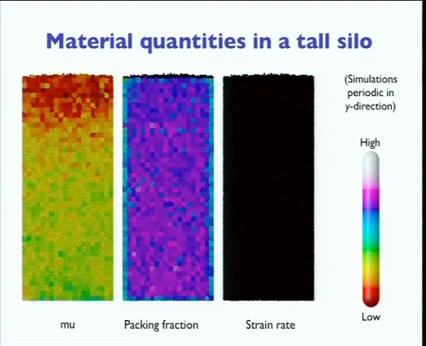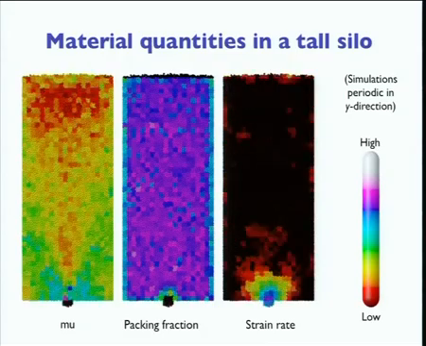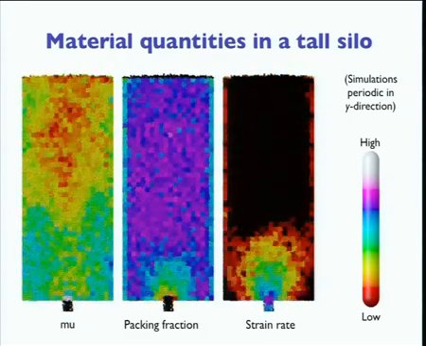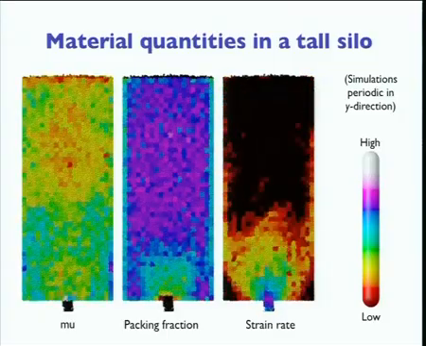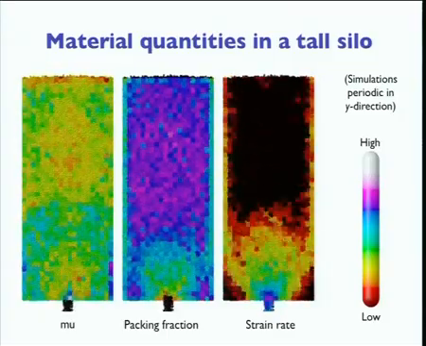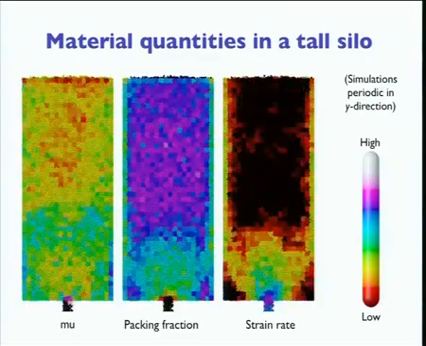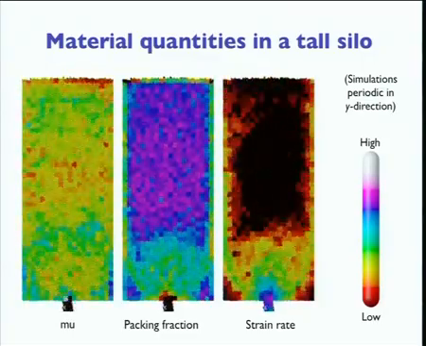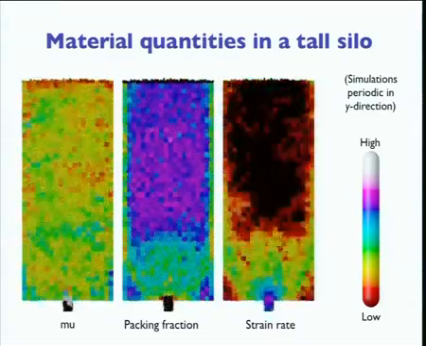This is an example showing three of these quantities in a granular drainage experiment. Showing on the left this mu, in the middle packing fraction, and on the right the magnitude of strain rate. We can start to see correlations between the variables: packing fraction and strain rate are reasonably correlated.